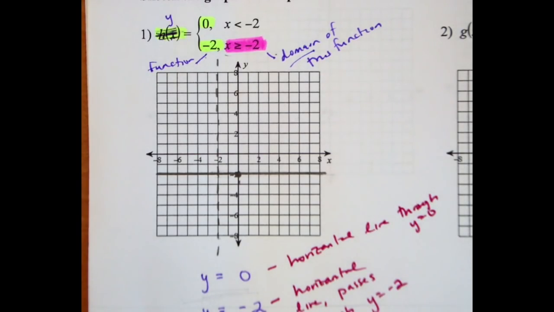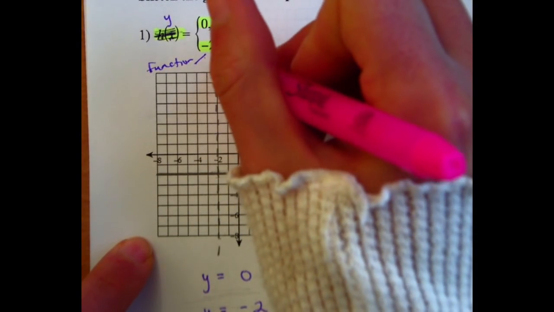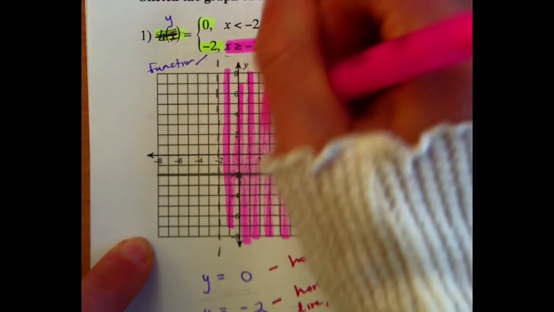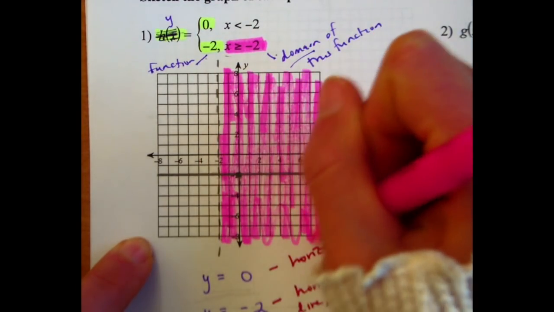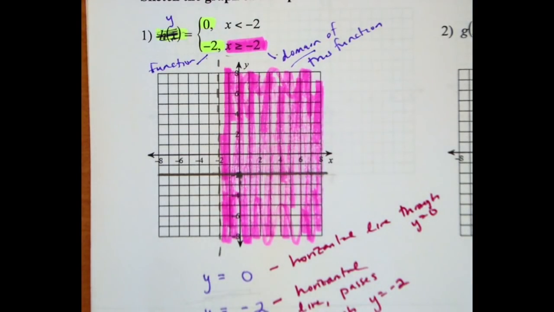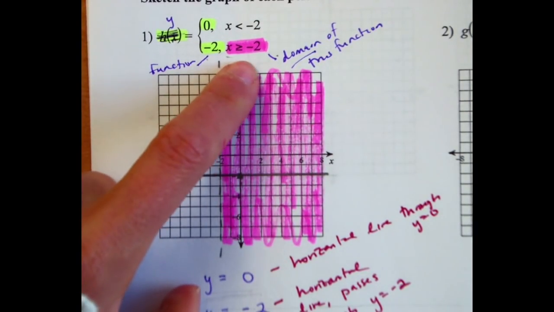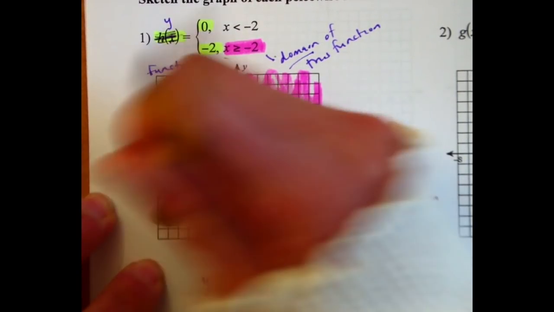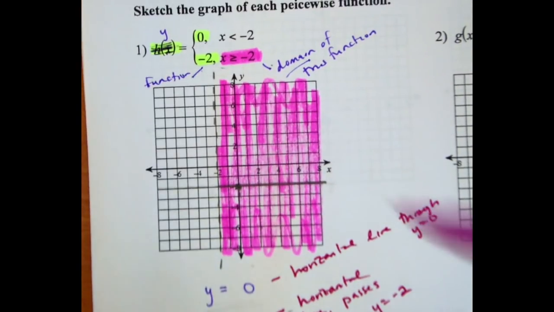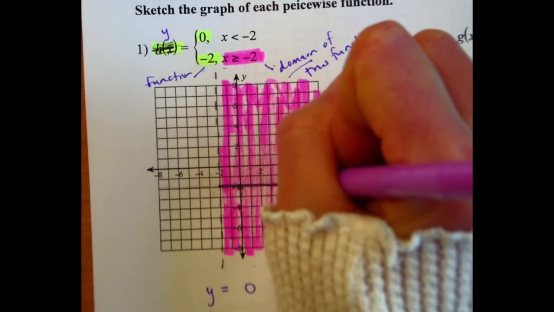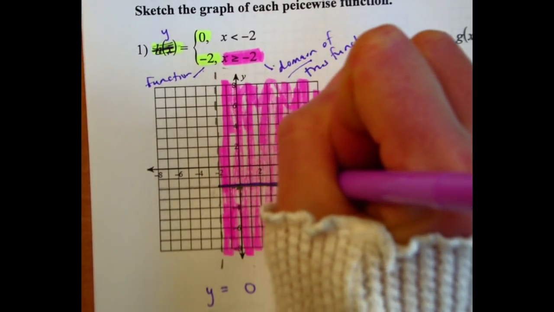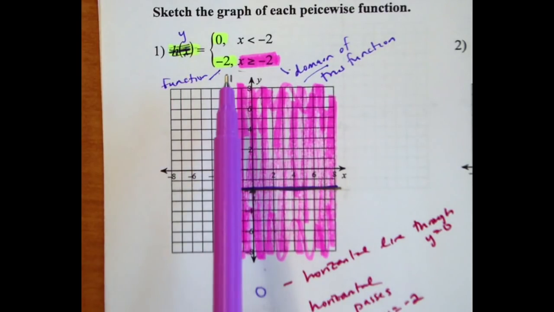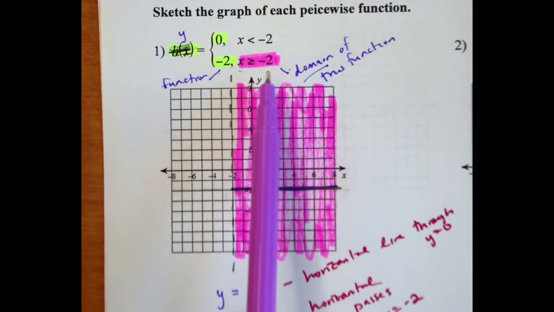This part to the right of -2 is the real function, x values greater than or equal to -2. This part to the left I can just erase. And I'm going to go over my function in pen now because I know that I have my final piece of the function. Okay, so that is y equals -2 for x values greater than or equal to -2.